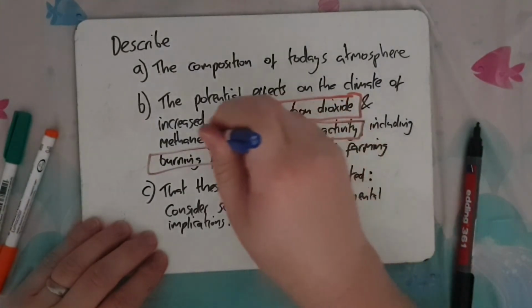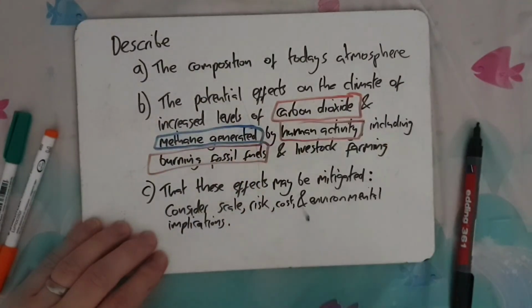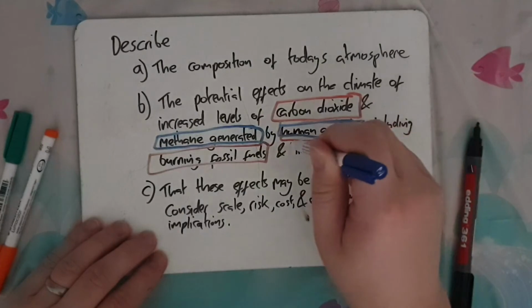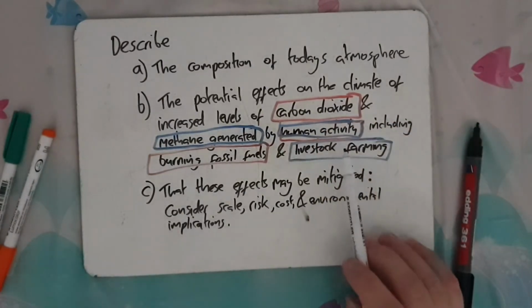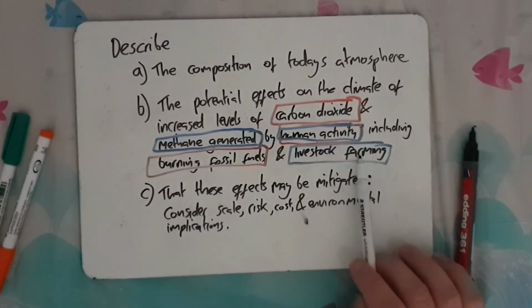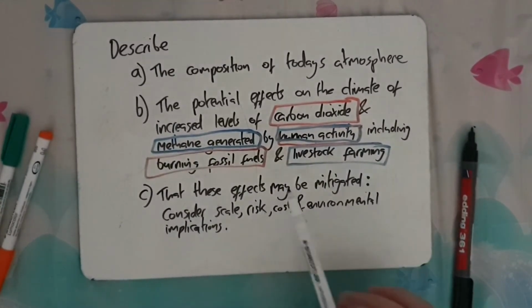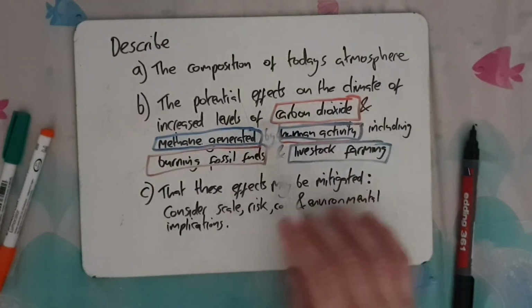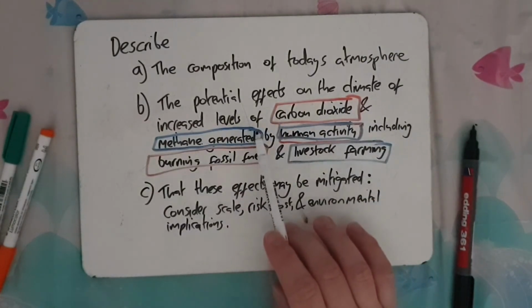Right, methane in blue. Where do we get methane from? Well, methane is also caused by human activity, which is livestock farming. So cows, basically. The more livestock we farm, the more methane it generates. And if you remember from earlier today, methane and carbon dioxide are both greenhouse gases. Greenhouse gases warm the planet up.